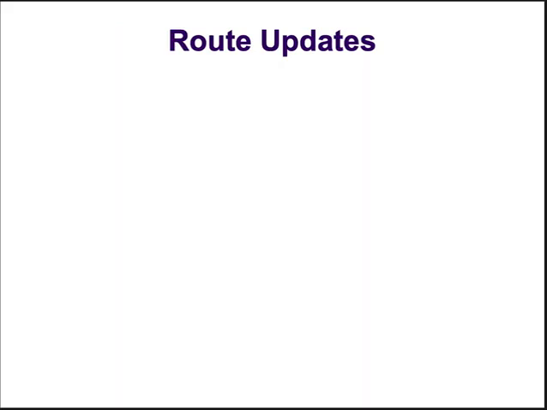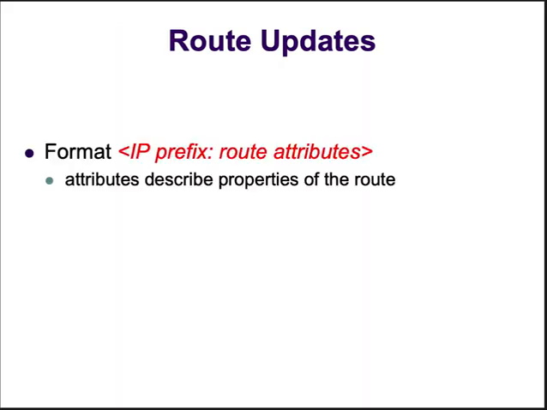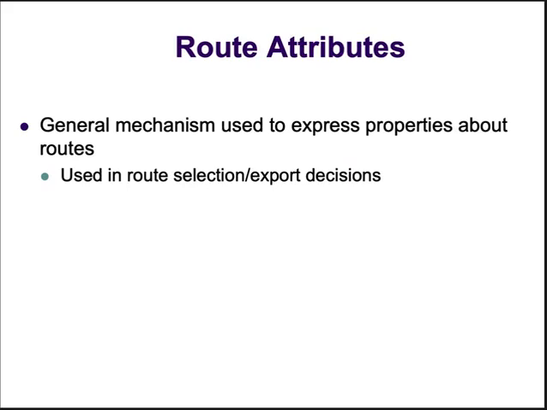Okay. So let's dig a little bit into what route updates look like. At the highest level, route updates are as simple as they get. I have a prefix, and I have a set of what we call attributes associated with that prefix. The prefix is exactly what we've been talking about. It's a /16, a /24, whatever you want. It represents a whole bunch of destination hosts aggregated into a prefix. The attributes are a general mechanism that we use to describe or express properties about routes.